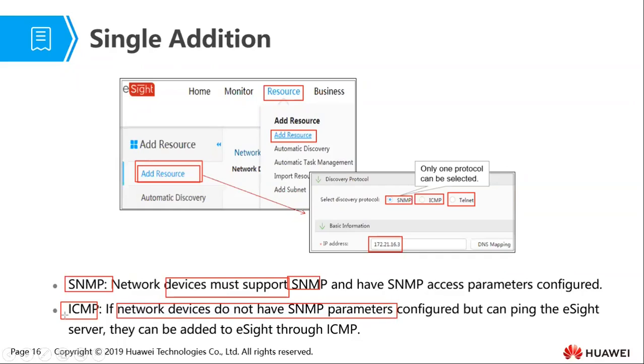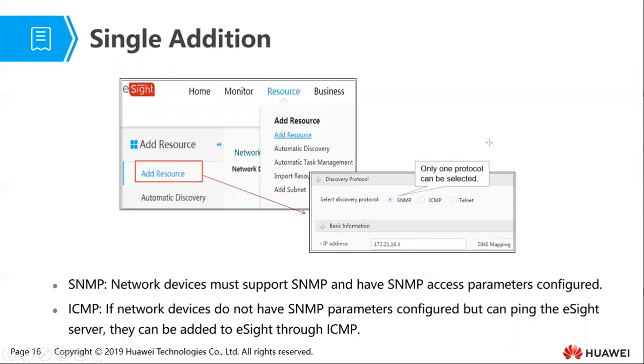What that means is most of the time we use the ICMP option if that particular network element does not support SNMP parameters. But otherwise, if we've enabled SNMP in our router and our switch, we can always use the SNMP option. So those are some of the options that you have there.